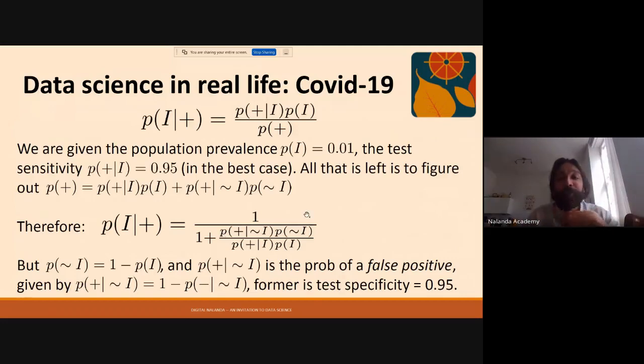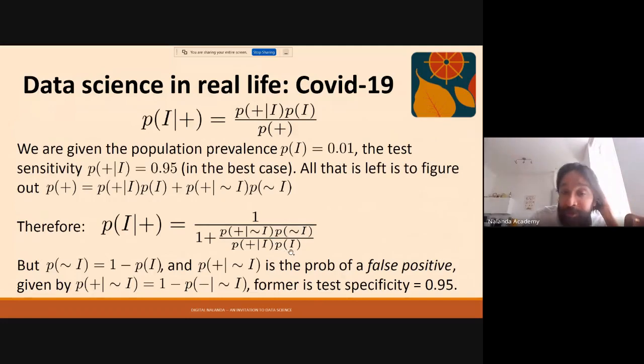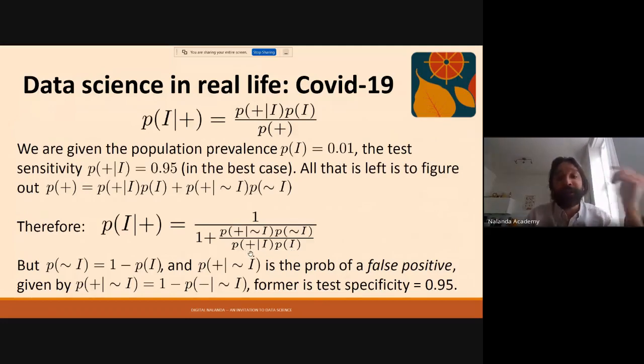Now, how do we determine these quantities? We're given what this number is: we're saying that 1% of the population is infected. This is just the test sensitivity, which is the probability that an infected individual indeed tests positive. If the probability of being infected is P of I, then the probability of not being infected is 1 minus that.